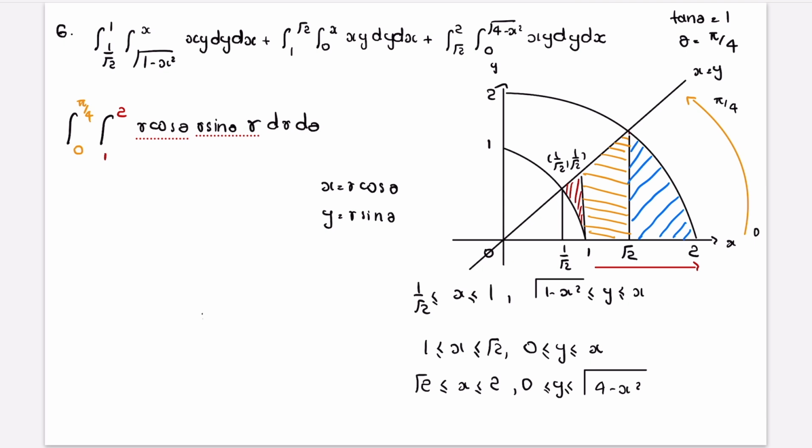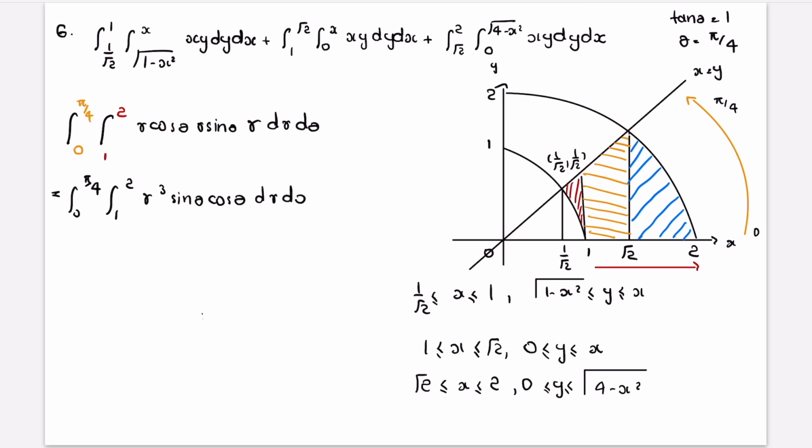Now we can find that easily. Okay, combine all these three things. Here it's r squared, sin theta, cos theta, dr d theta. To integrate r, we don't need the sin theta and cos theta.